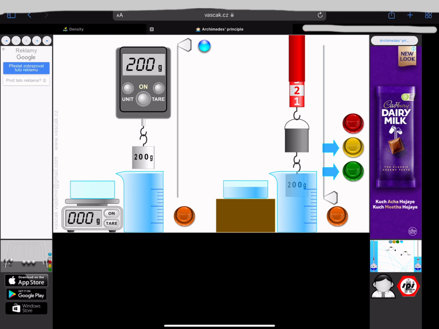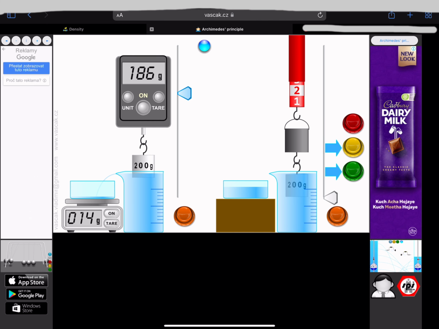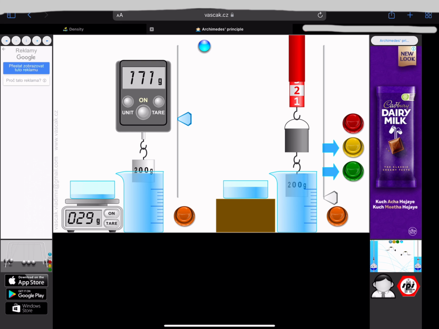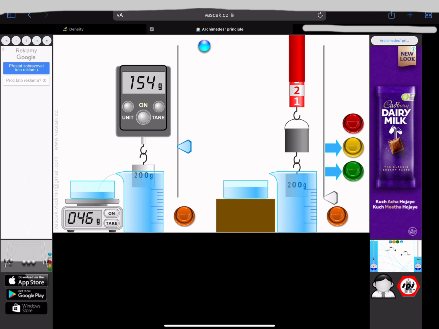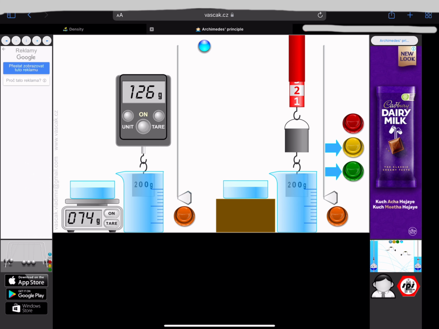Similarly, on the left side, you can see that we have 200 gram, and the meter is showing this 200 gram. But when you bring your block into the liquid, completely immersed, the weight, or the mass, and ultimately the weight, has decreased from 200 to 126 gram.